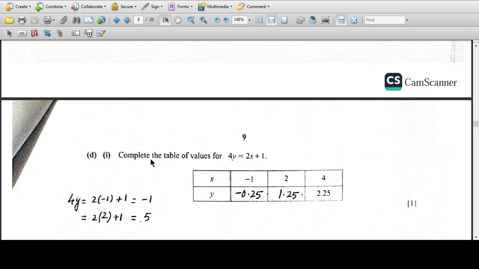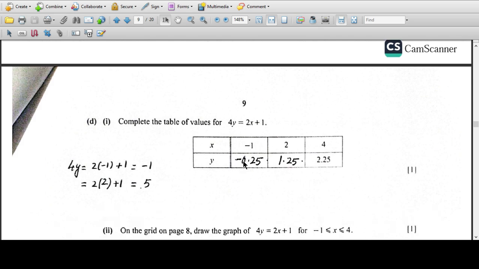Complete this part D. Complete the table of values for y is equal to 2 power x, and here we have x is equal to 4, y value is 2.25. So for -1, here is 2 minus 1 plus 1 is equal to -1.